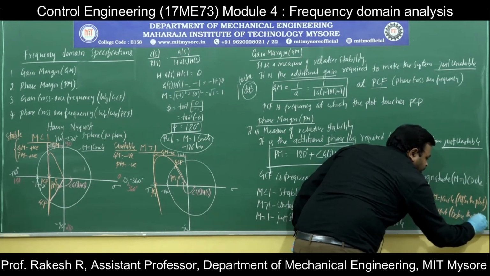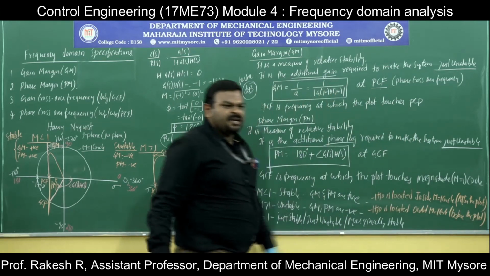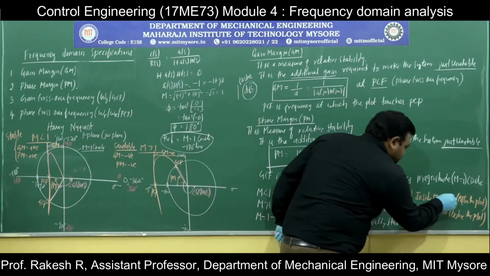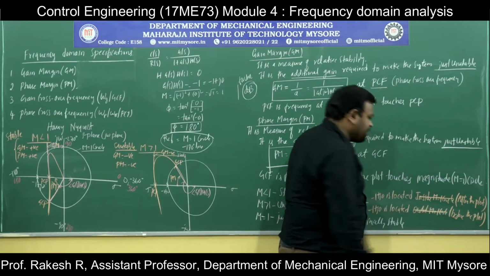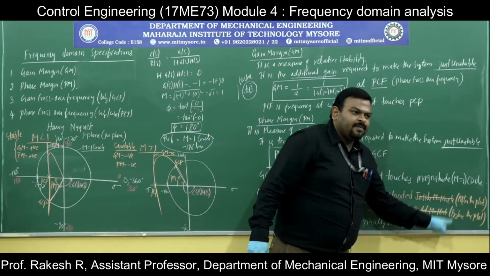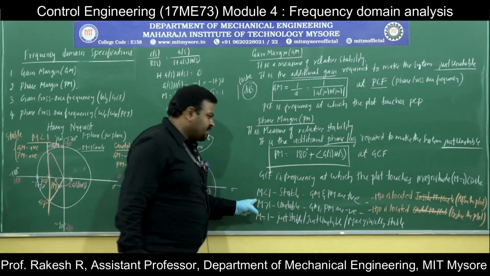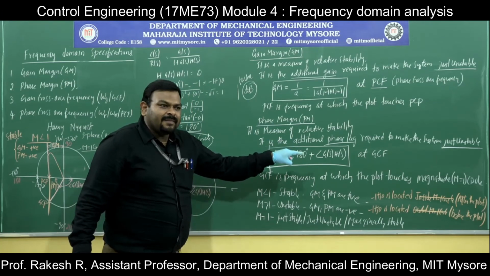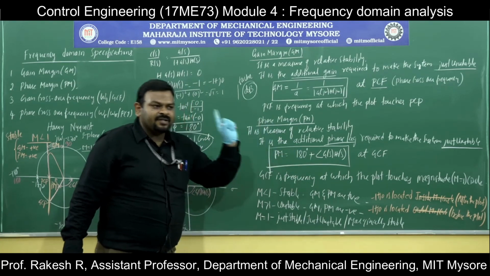that is, before the plot. And since we are engineers, we don't write inside and outside. Let us use straight terms. For understanding, inside and outside is okay. It is after the plot and before the plot. If M is less than 1, it is after the plot. If M is greater than 1, minus 1 plus j0 is located before the plot.